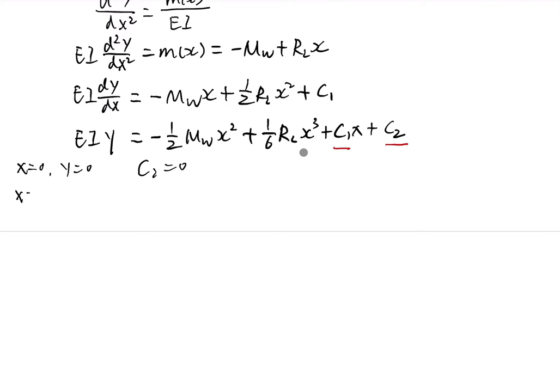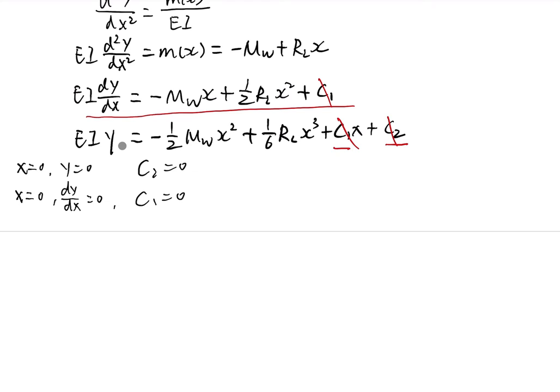If we apply x equals 0, dy over dx equals 0 into this equation, we will have C1 equals 0. Okay, so in the end we get the equation like that. So we can just delete C1 x, C1, C2. So then we got two equations. One equation is the equation of slope. The other equation is the equation of deflection.